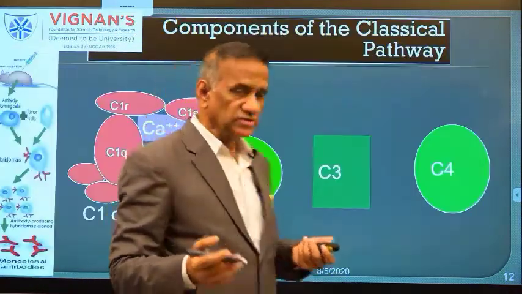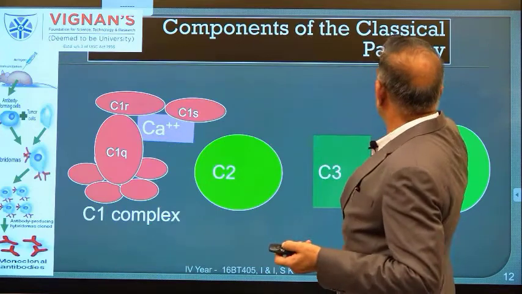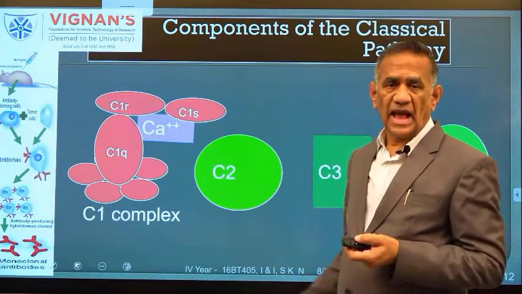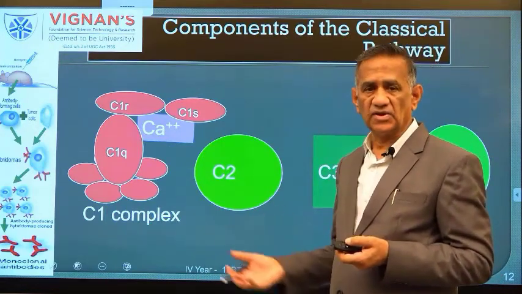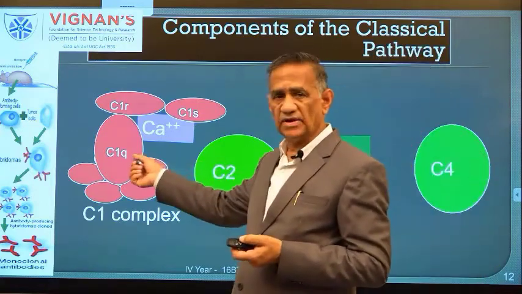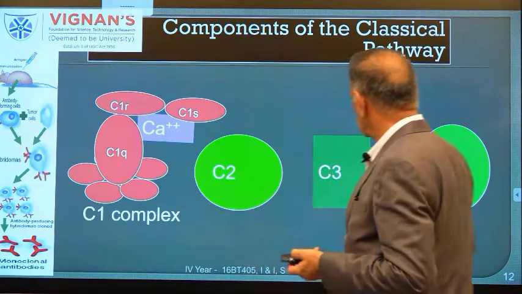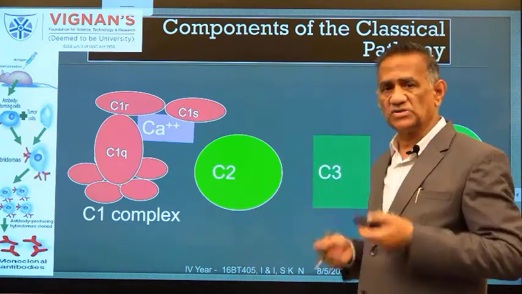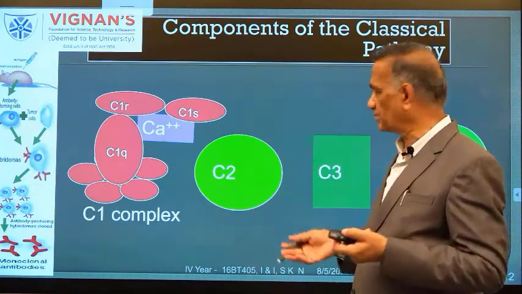Now let us see the various components of the classical pathway, as we have seen earlier: classical pathway, alternative pathway, lectin pathway. This also we have seen in the video, the C1QRS complex. Then C2, C3, and so on. For the sake of understanding, they are all given in different shapes.